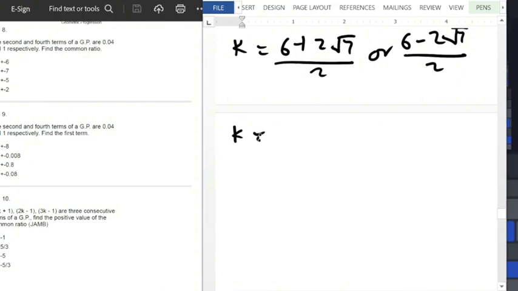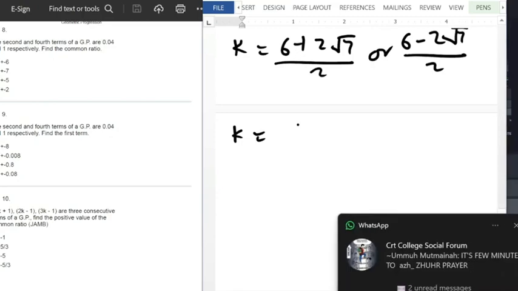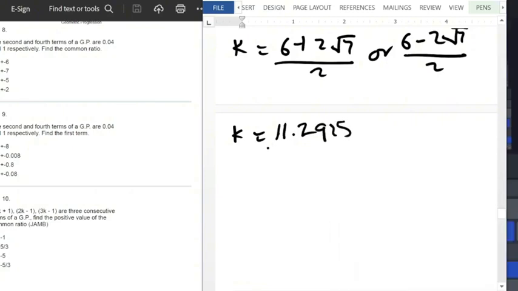So we have k equals 6 plus root 28, that is 11.2915 all over 2, or 6 minus root 28, that is 0.7085 divided by 2.